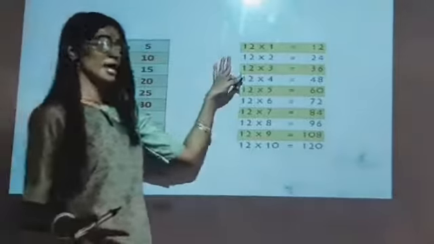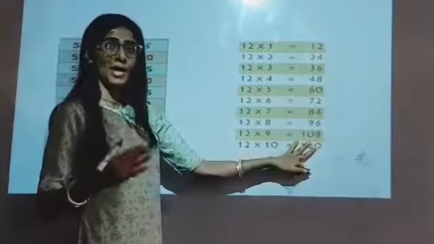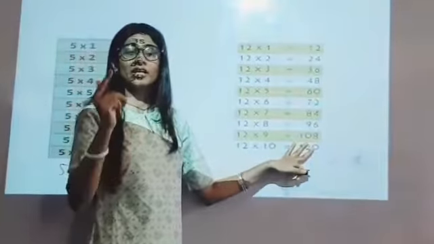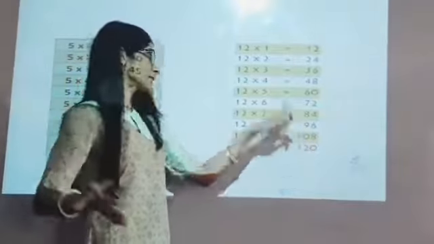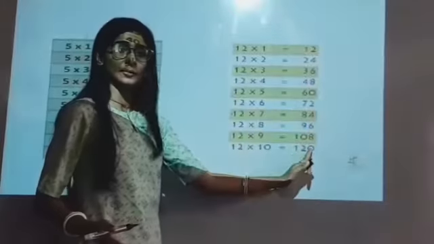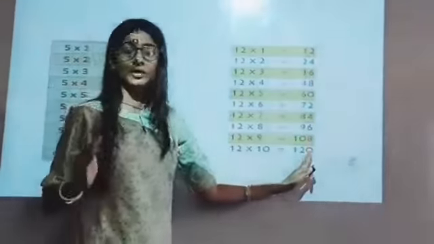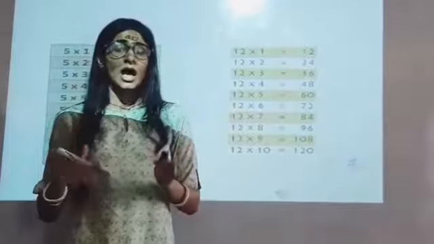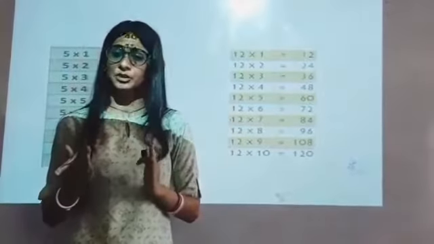Again, the multiples of 12 are like this. A multiple of any number can be equal to or larger than that number. See, 12 ones are 12, then 12 twos are 24. These are all the multiples of 12. I hope the concept of multiples and how to find them is clear to you.